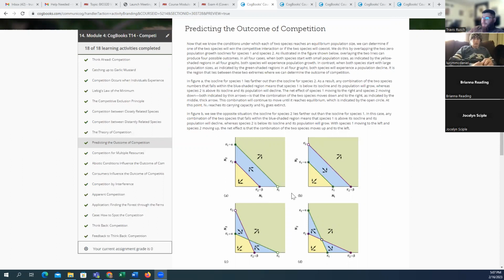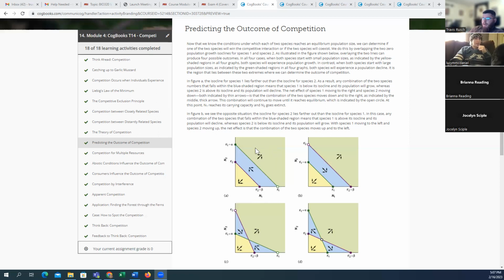Right, so that's our point of equilibrium, when we hit K1, the carrying capacity for species 1. And what are these lines called, the green and the purple lines? They're isoclines, the isoclines for the species.